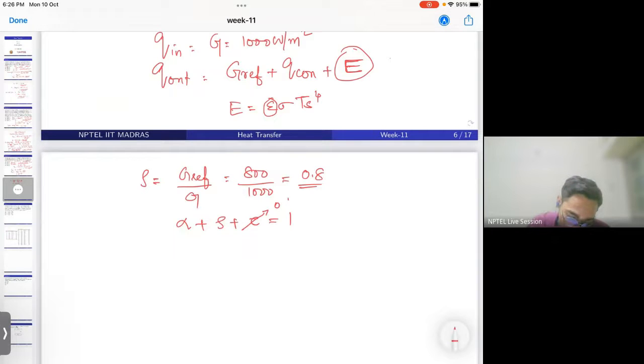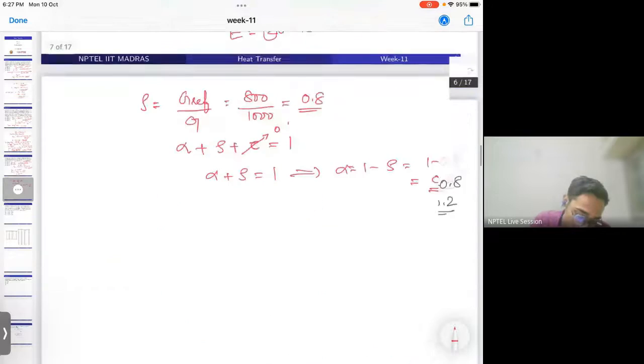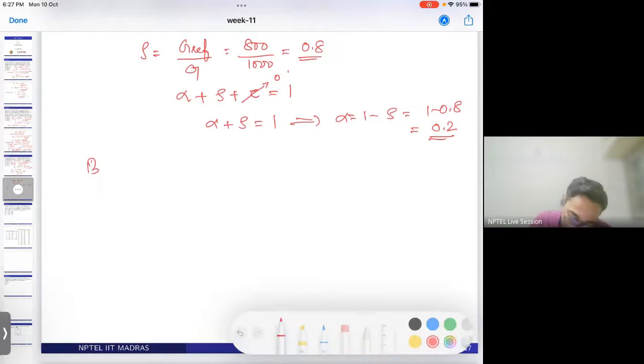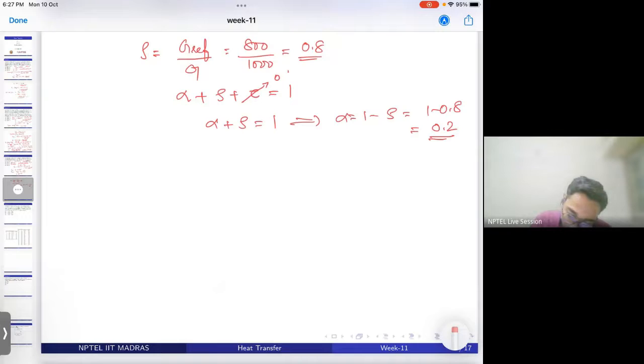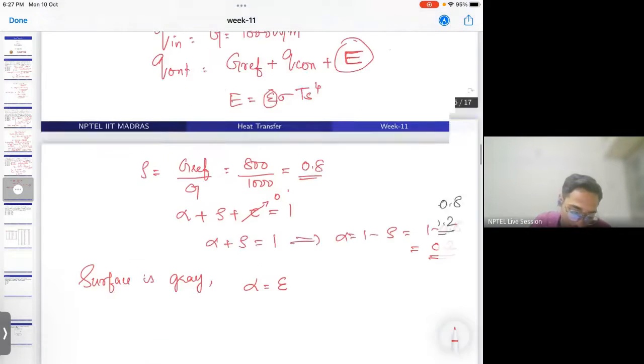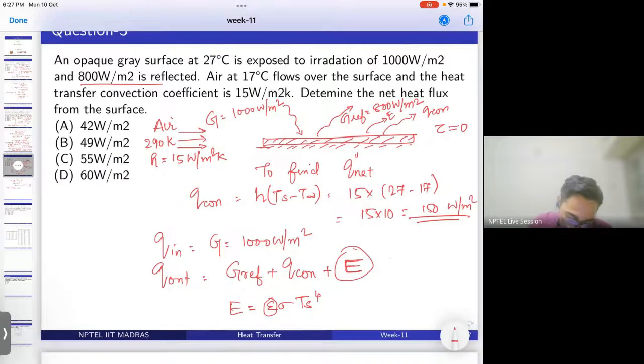So alpha plus rho is equal to 1. So absorptivity is equal to 1 minus rho, which is 1 minus 0.8, equal to 0.2. It is specified in the question that the surface is gray. So by Kirchhoff's law, alpha is equal to epsilon, because it's a gray surface.